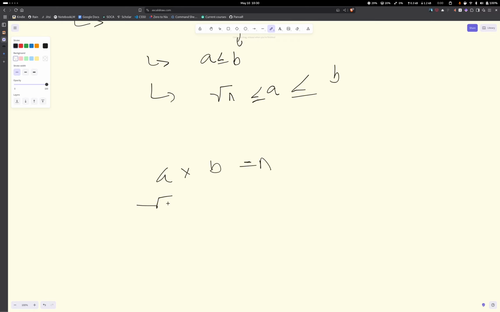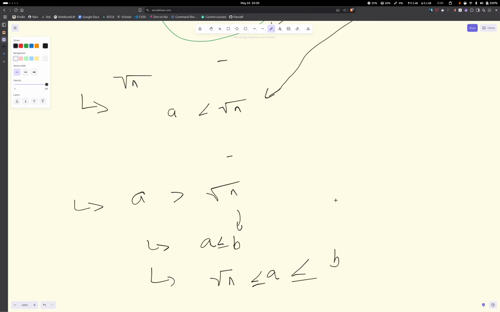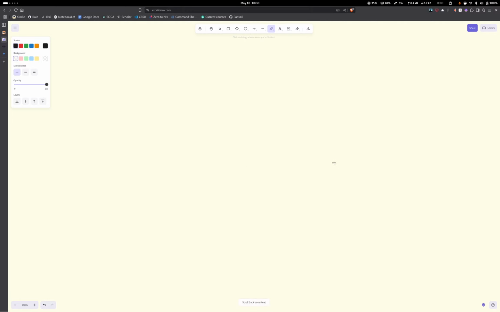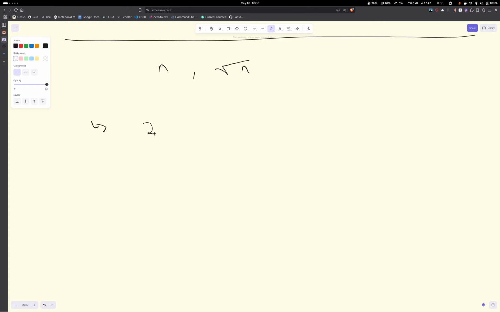This translates to something greater than the square root of n times something else greater than the square root of n equals n, which self-evidently cannot be true. So for a number n to have no factors between 2 and the square root of n, it cannot be composite, it can only be prime.